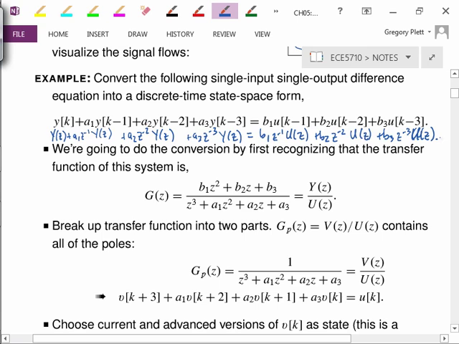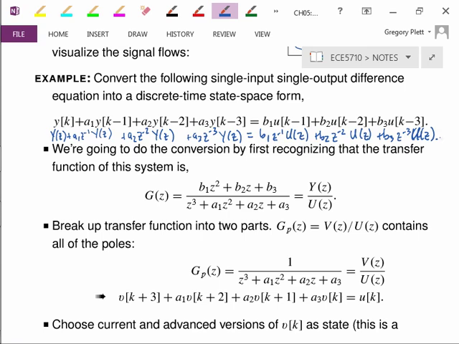What the z transform has done is it has converted a difference equation in time into an algebraic equation in frequency. Notice the left-hand side has a common factor of y of z that I can factor out, and the right-hand side has a common factor of u of z that I can factor out.